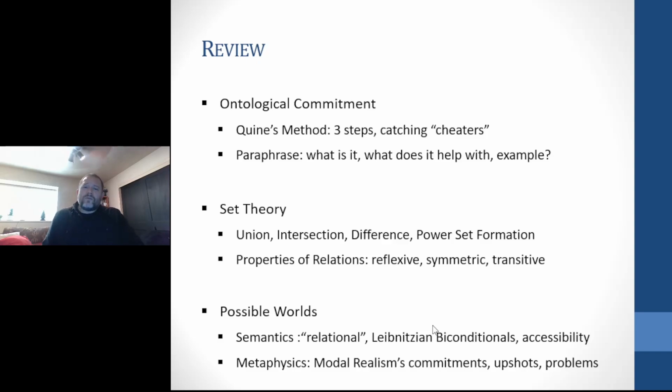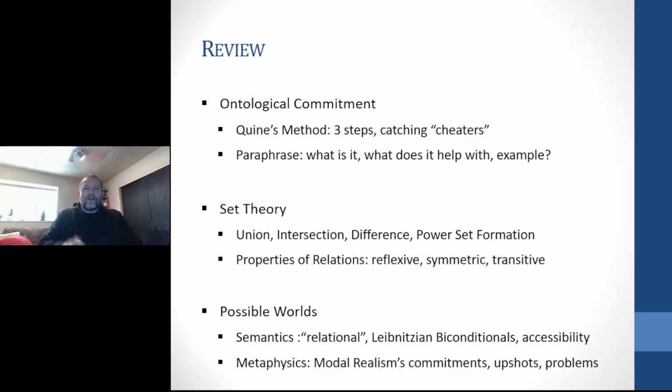Then for our third one, we talked about possible worlds, and the big things here are going to be possible world semantics. What does it mean to say it's relational, that the worlds see each other? And what the hell are worlds meant to be? So, relational semantics, the Leibnizian biconditionals that define the truth conditions for the box and diamond operators, and this notion of an accessibility relation, how the worlds see or access each other.